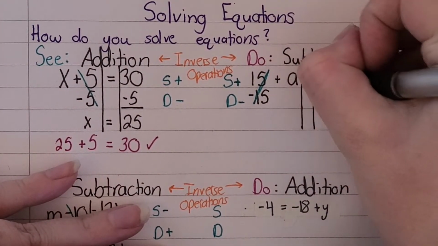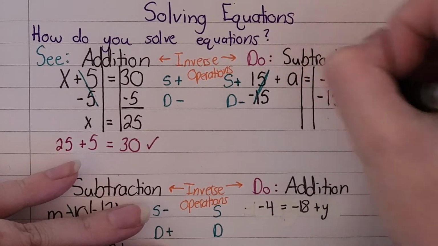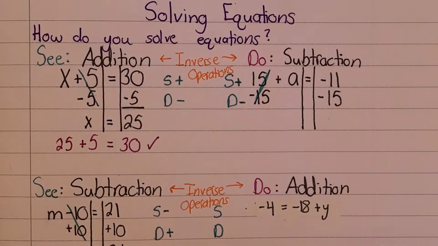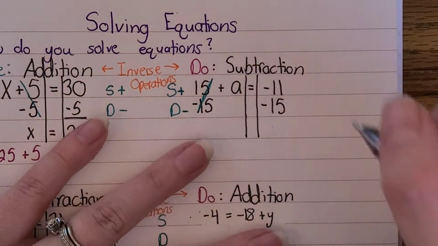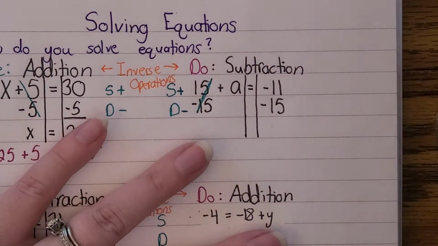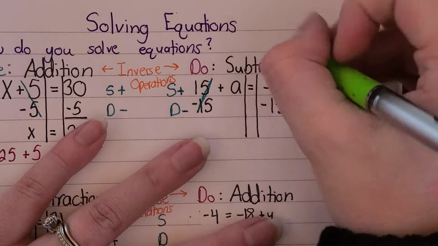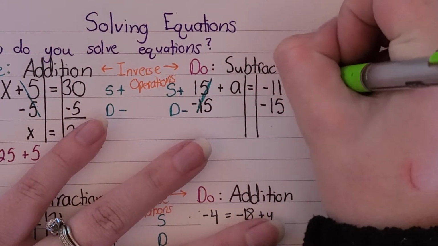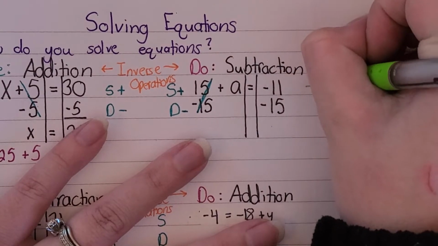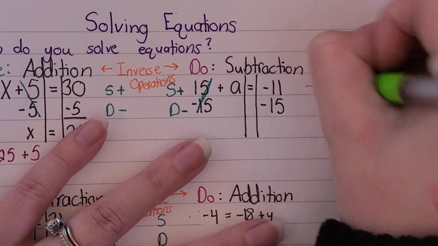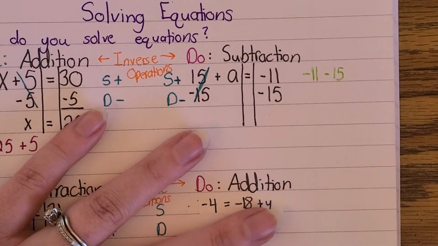okay? So I'm going to rewrite minus 15. Okay. Negative 11 minus 15. Think back to your integer rules. Okay. If I have a negative 11 and a negative minus 15, remember minus and negatives are the same symbol, same thing.